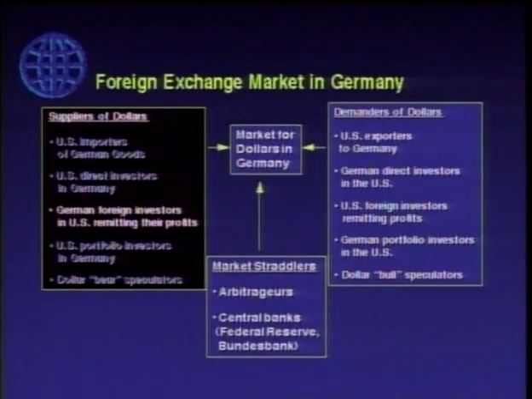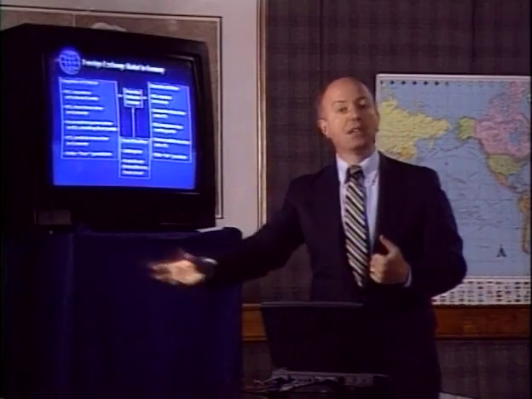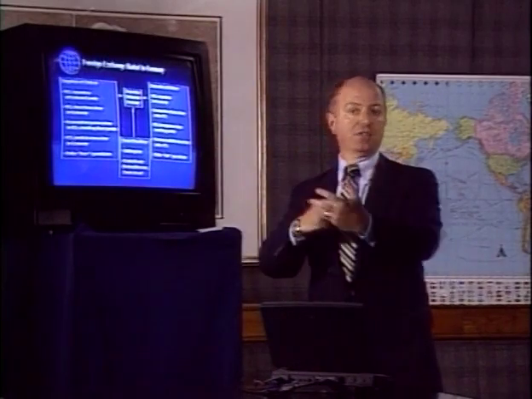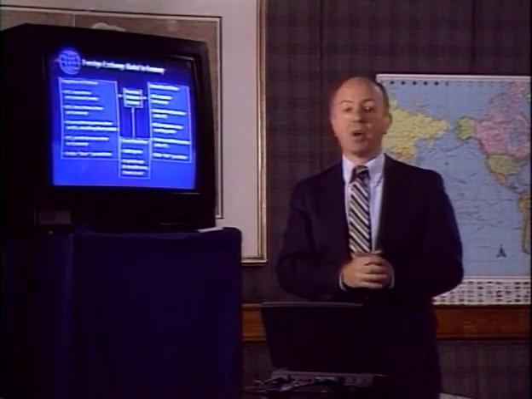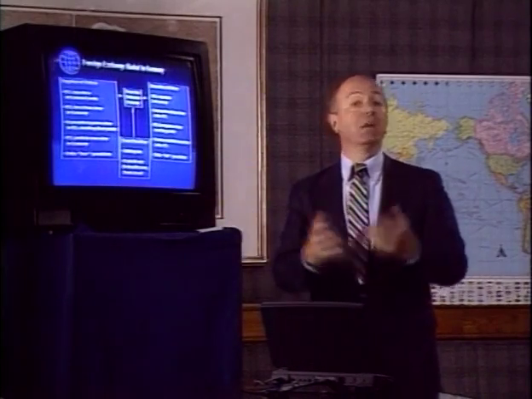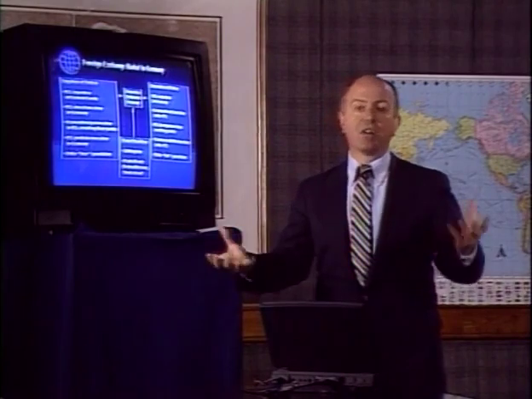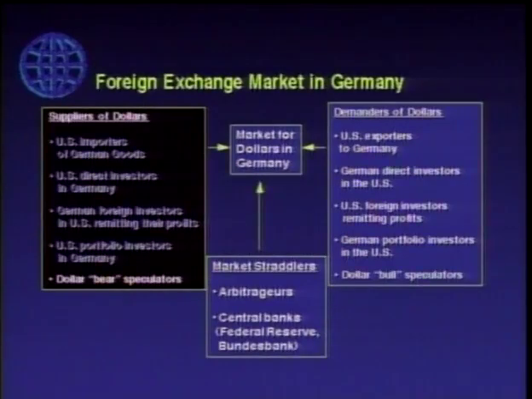A third, you have German investors in the U.S. that are earning dollars in the U.S. but want to repatriate those profits and those earnings, so they too are supplying dollars into Germany in exchange for Deutschmarks. Fourth, you have U.S. portfolio investors. These are people who are investing in the German stock market or the bond markets, people who want to buy, let's say, BMW stock or Siemens stock or whatever. And then finally, suppliers include what are referred to as dollar bear speculators.